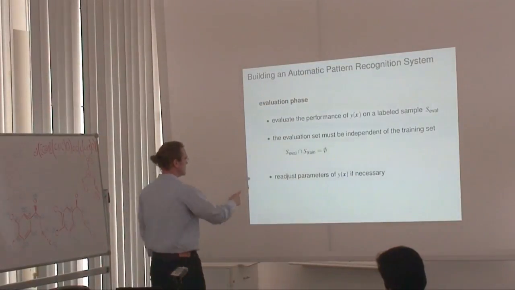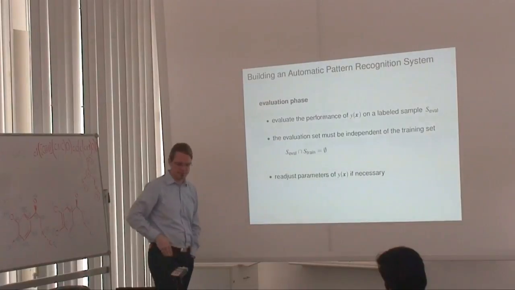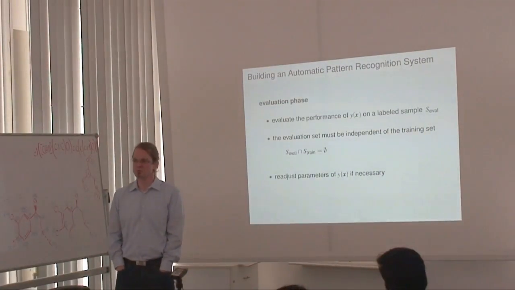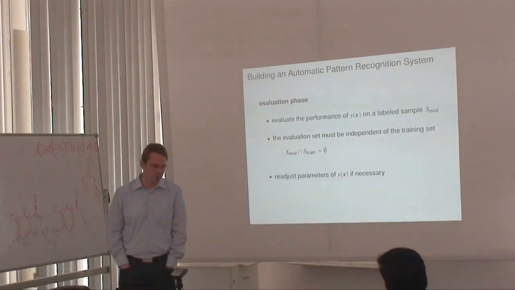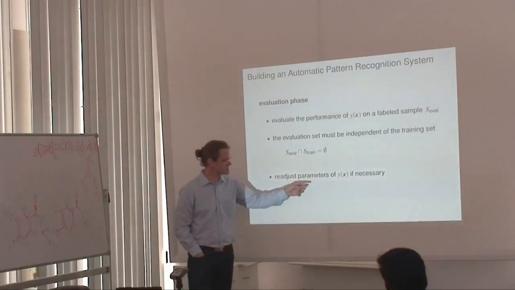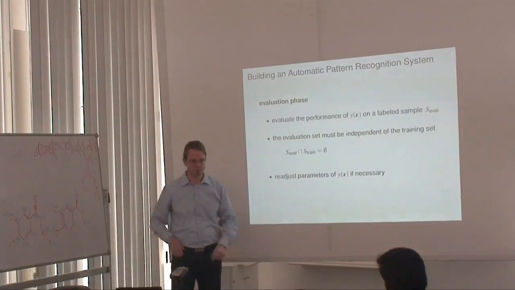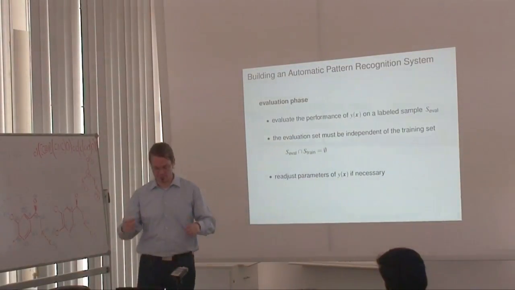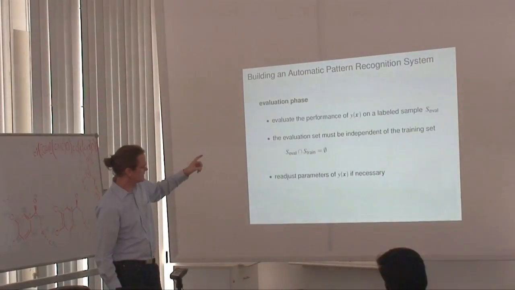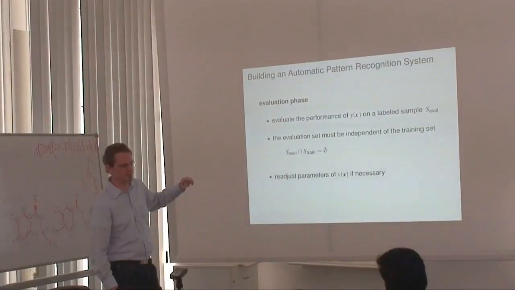We can evaluate it on this other set and find that it does a poor job. If that was the case, then we might think about readjusting our classifier. Do some more training, probably with more data. This is the half phase in the 1.5 first phases. This is not really necessary.